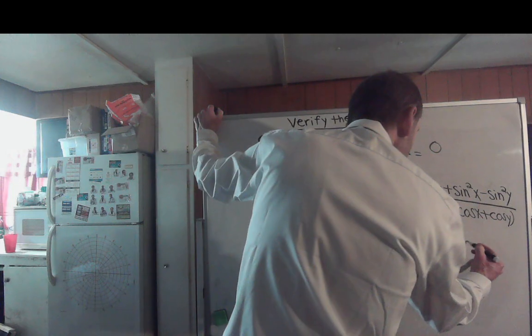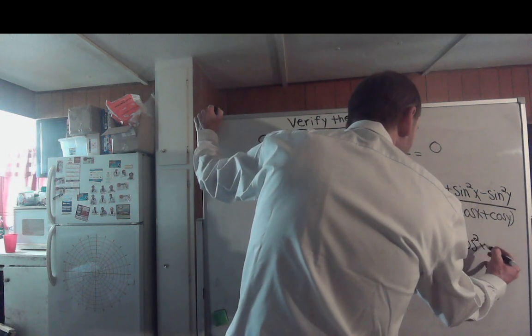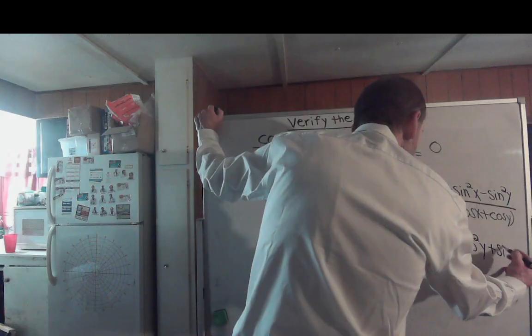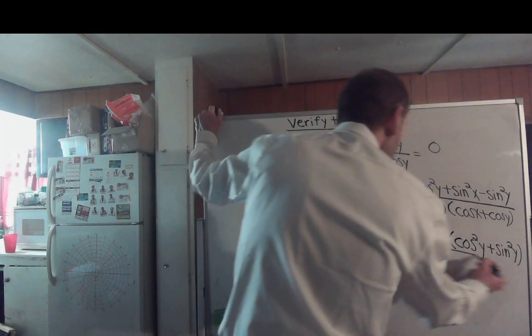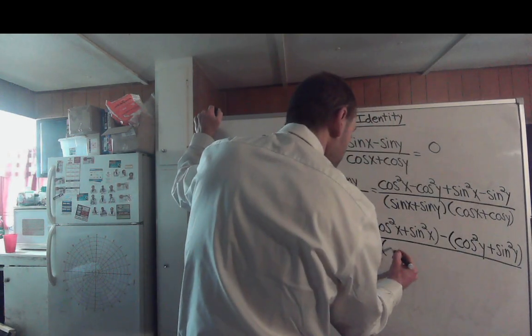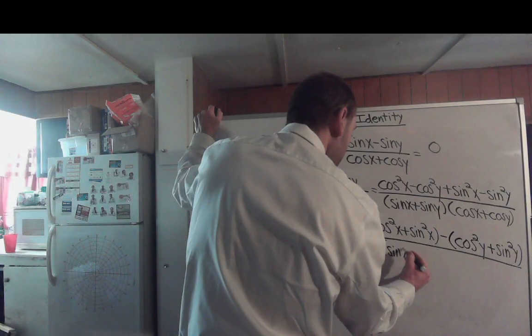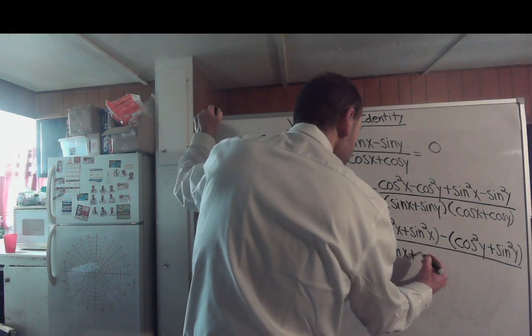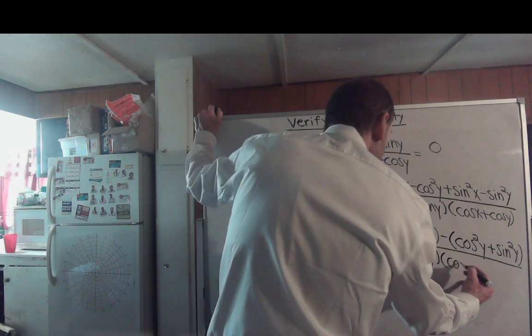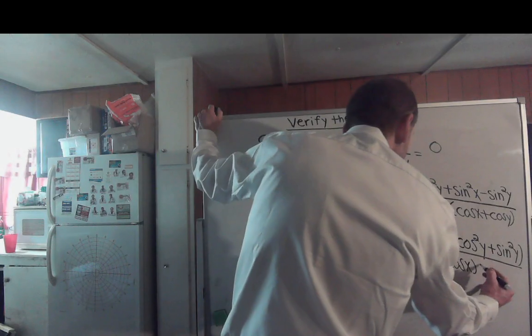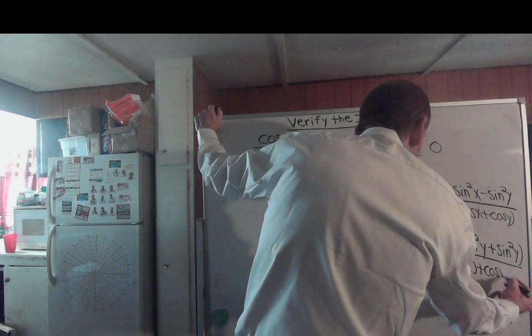This would be minus the cosine squared of y plus the sine squared of y, all over the quantity of the sine of x plus the sine of y times the quantity of the cosine of x plus the cosine of y.